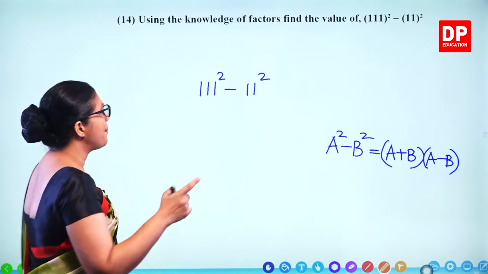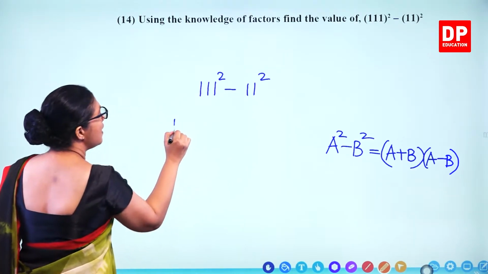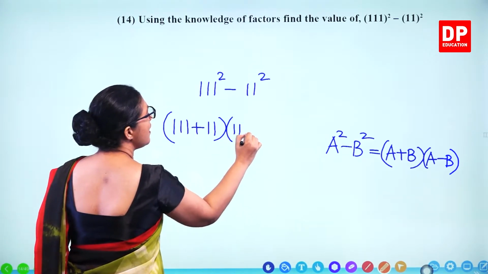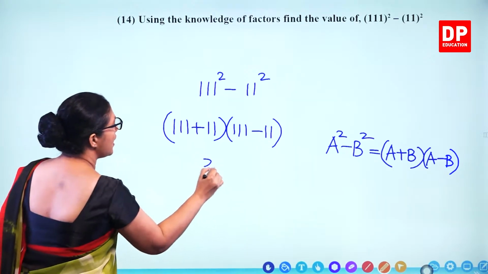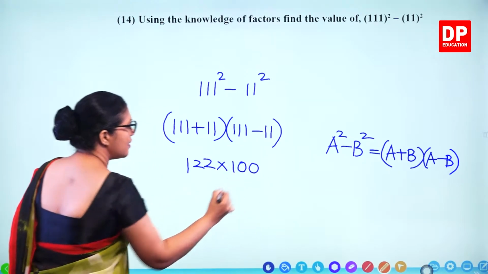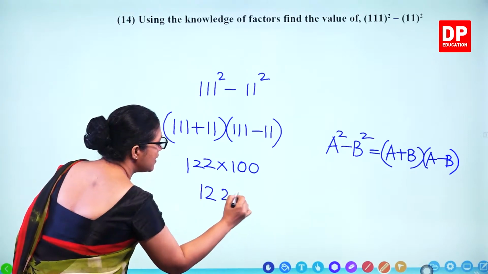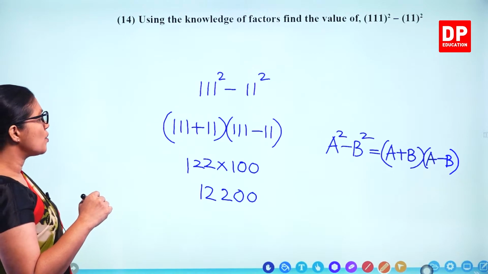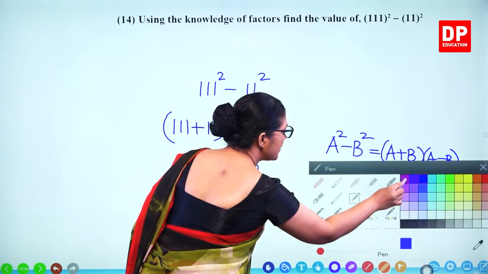So we'll use that. 111 is a, b is 11. 111 plus 11, 111 minus 11. So you get 122 into 100. Multiplied by 100 is moving the decimal place 2 places to the right. So you put 2 zeros. 12,200. So 2 marks for that.